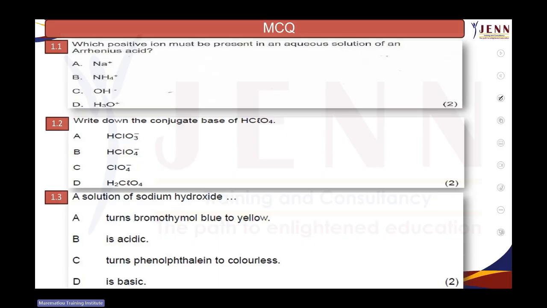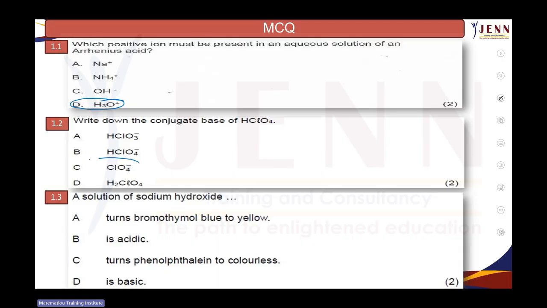What is an acid according to Arrhenius theory? It's a substance that produces hydronium ions in water. So the answer there is D. Simple. It's a definition. Easy 2 marks.